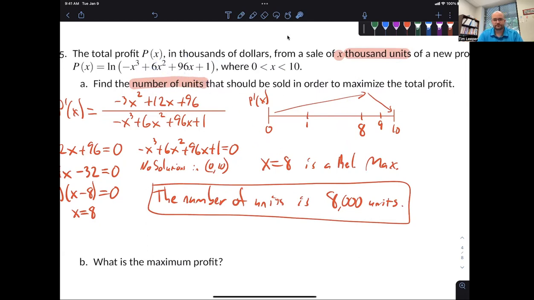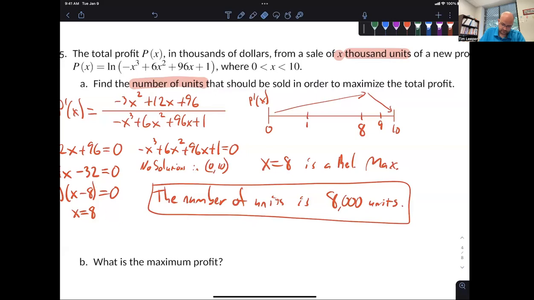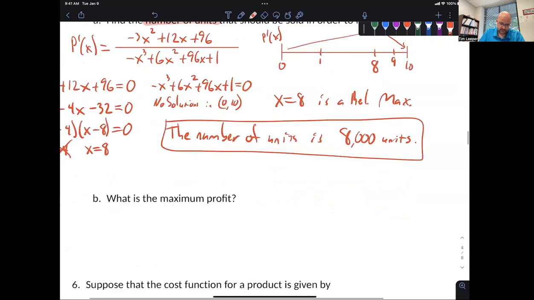In other words, let's look at 8 for x. Now, y1 is 6.463, right? And again, p of x is in thousands of dollars.